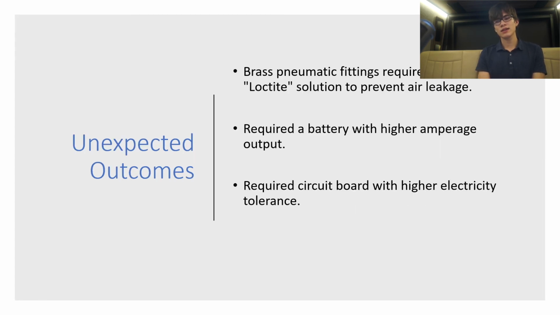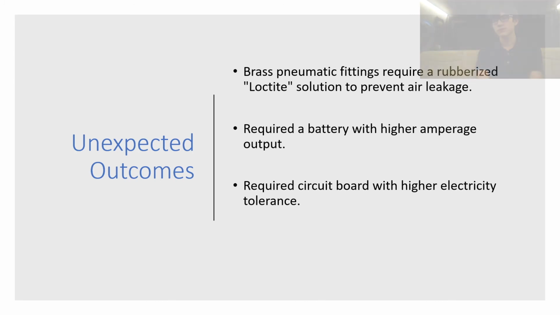And for the unexpected outcomes and issues, the brass pneumatic fittings leak due to an absence of Loctite solutions to prevent air leakage. I also figured out that it required a battery with a higher amperage output to power the solenoid valve, because the solenoid required a high amperage to release airflow at high PSIs.